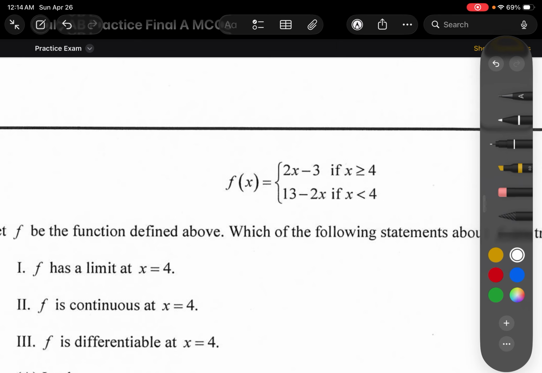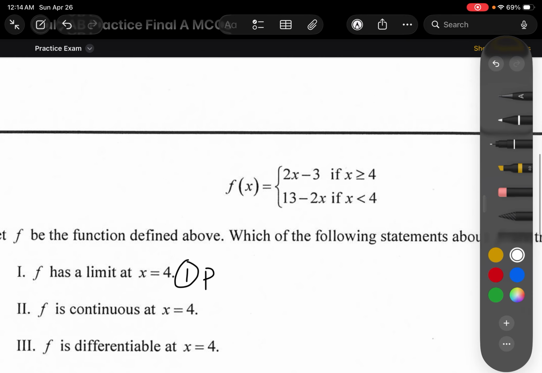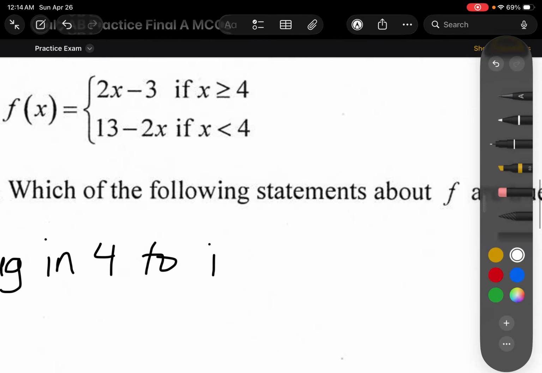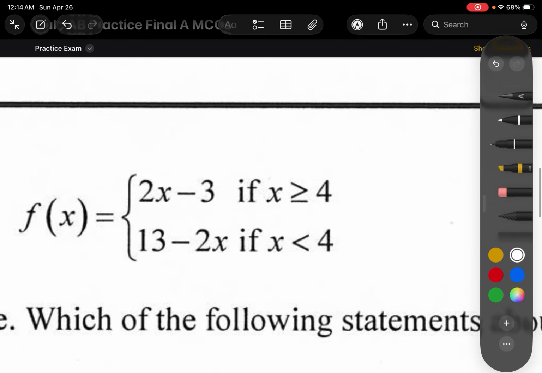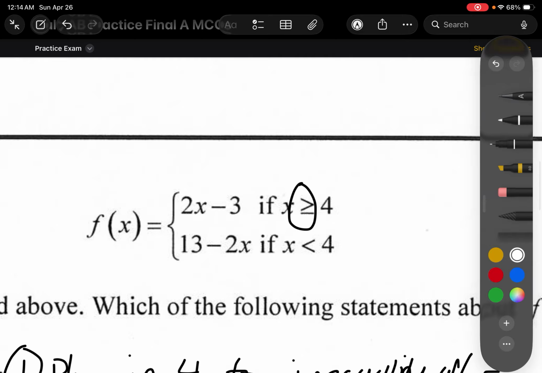So what this means is that you got to plug in 4 into wherever you see an equal sign in your inequality. So as you can see, this has an equal sign here.